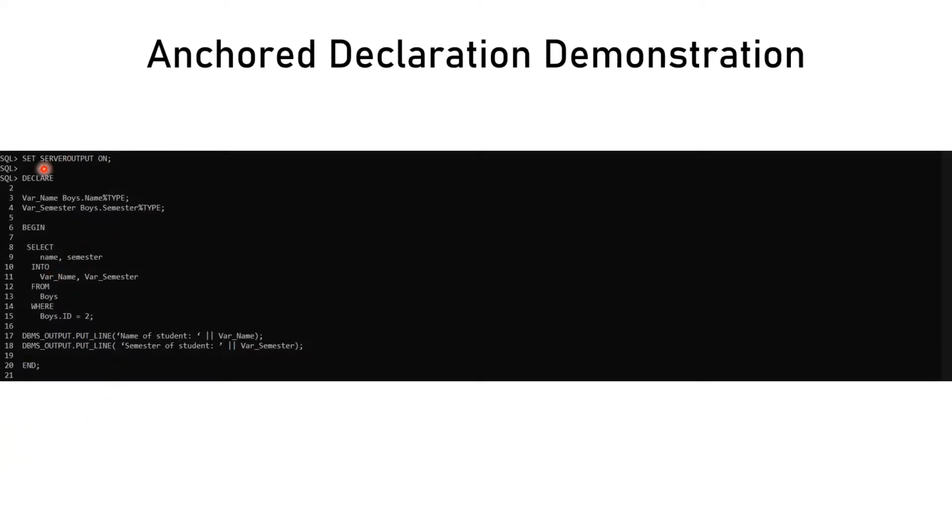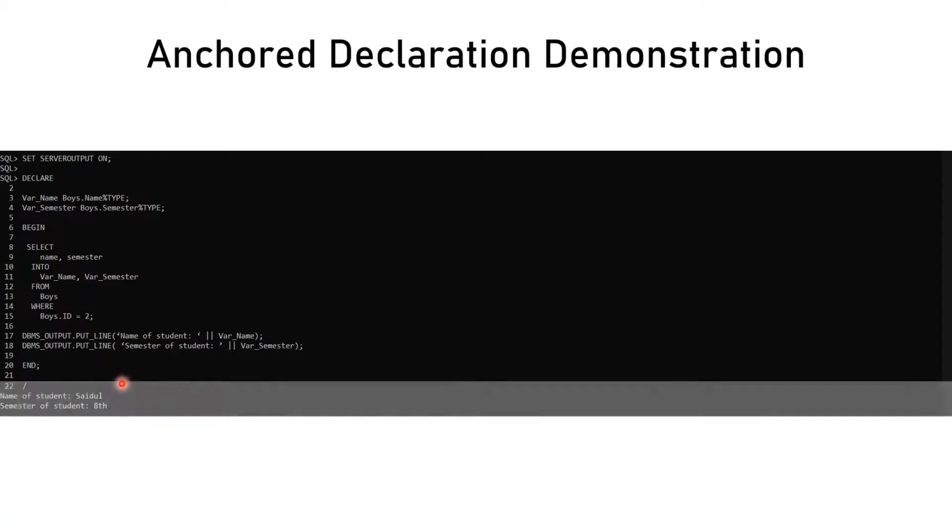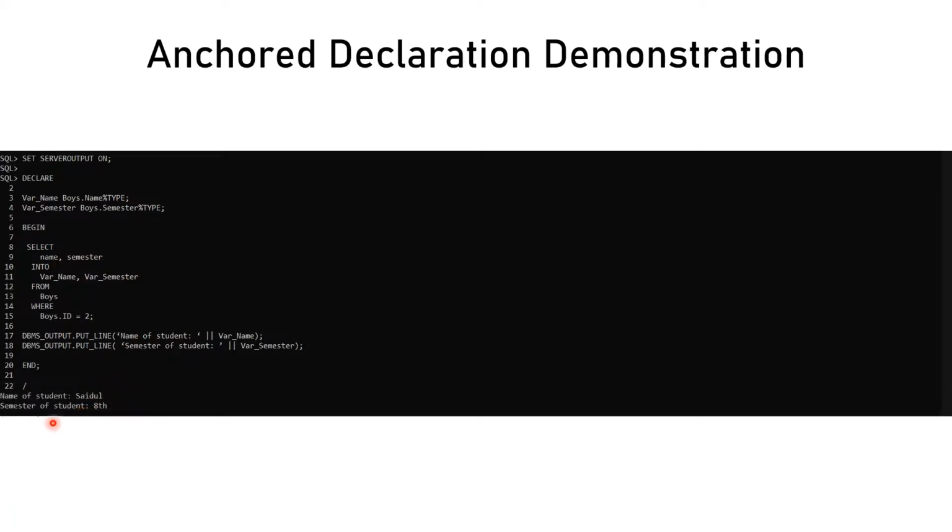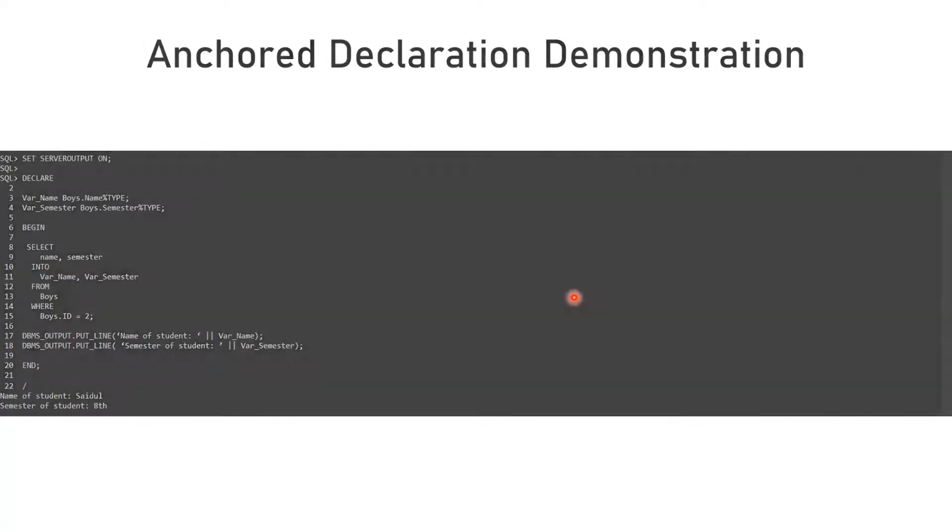So we have written down our PL/SQL program block in the SQL console. Next, we run it, and as you can see, we do indeed get the name of the student, Saidul, and the semester of the student, 8. So now we understand how we can declare anchored variables in our PL/SQL program blocks.